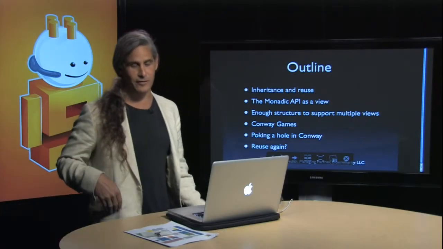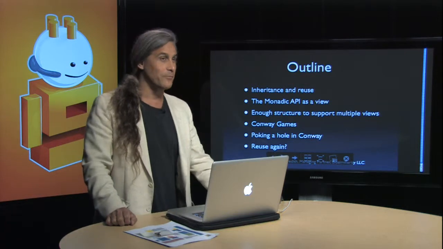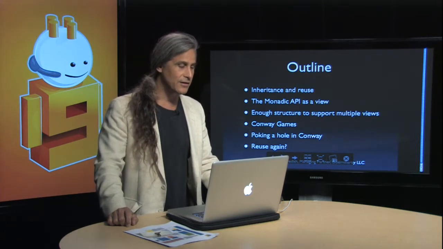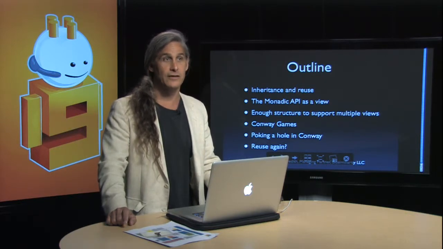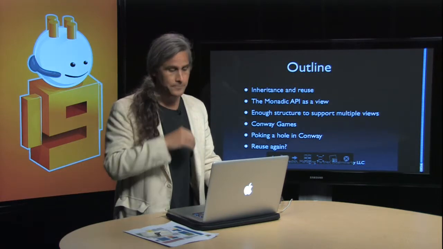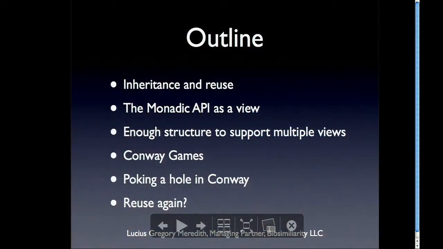Probably a lot of people are already on the bandwagon that inheritance actually gets in the way of reuse. But I want to talk about that and why, and use that as a launching pad into a way to think about monads, and in particular to think about it as an API, and then how best to use that API, and then give some data structures that give this idea.